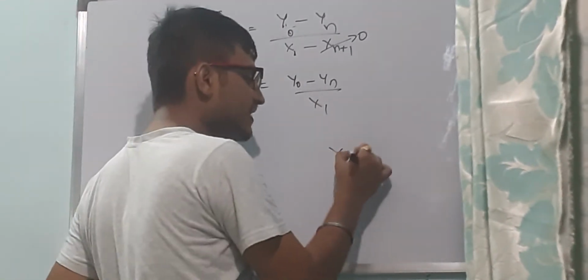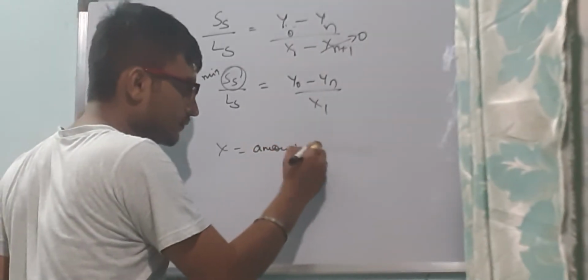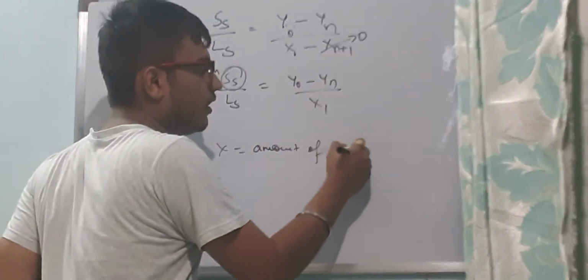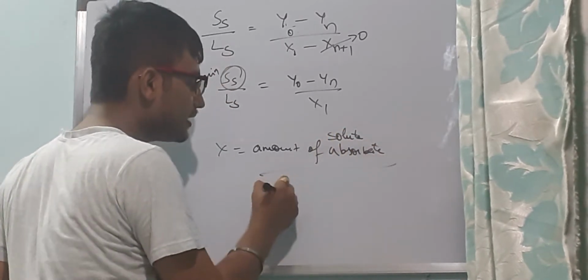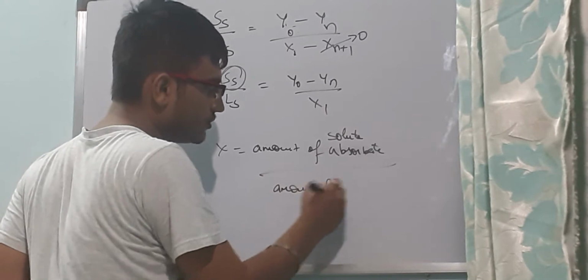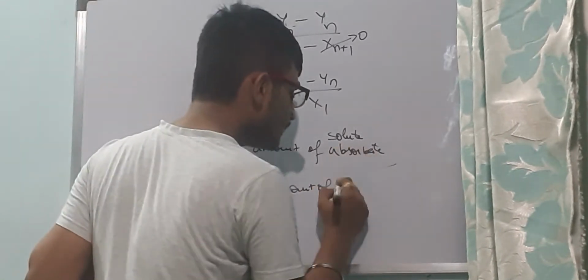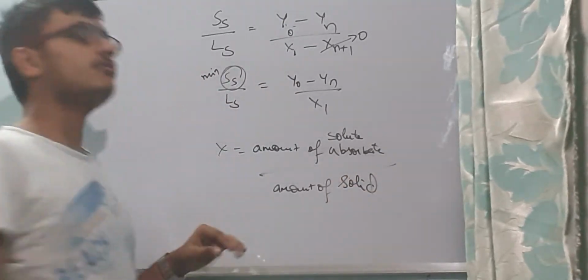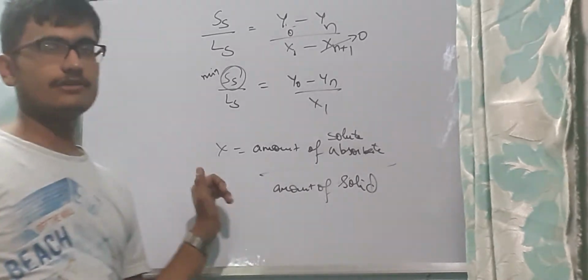That means, what is the x value? What is x generally given as? Amount of adsorbate or amount of solute settled per amount of solid, or per amount of adsorbent. Amount of solute per amount of solid is the x value, right?